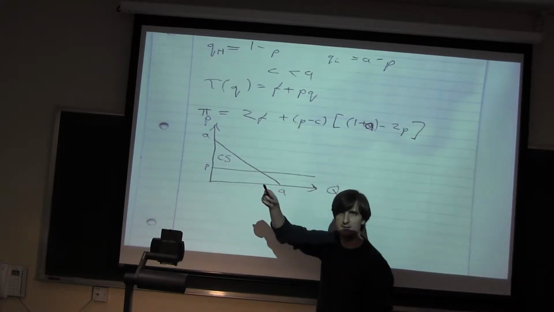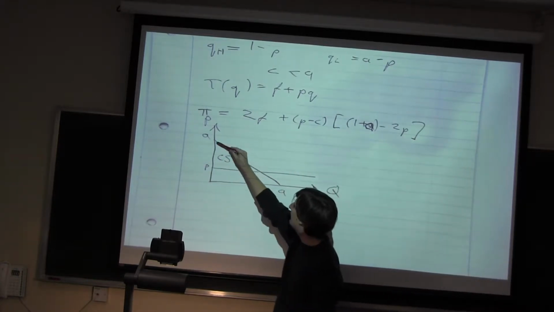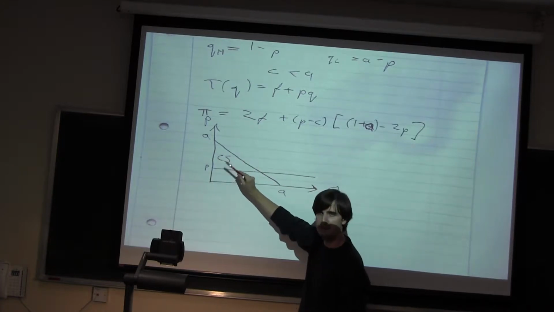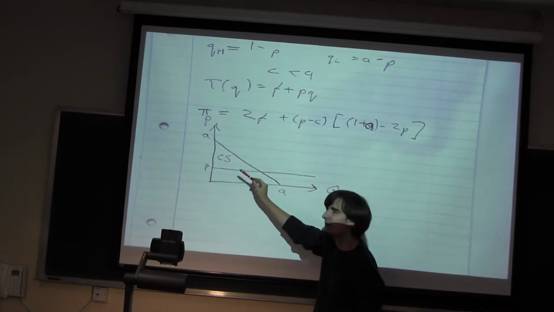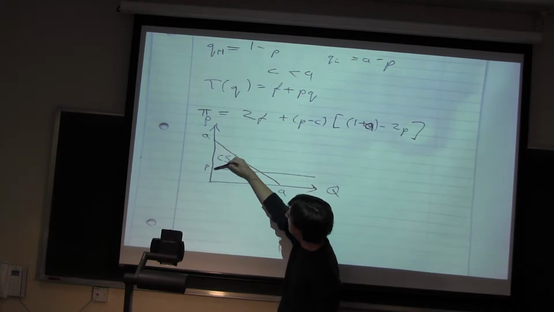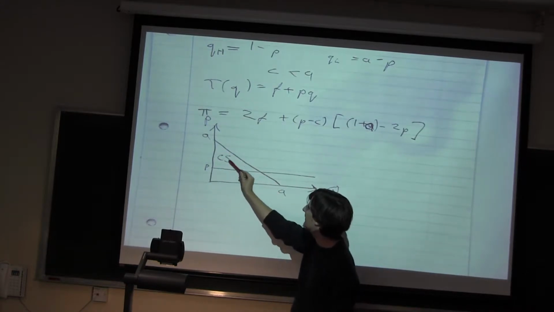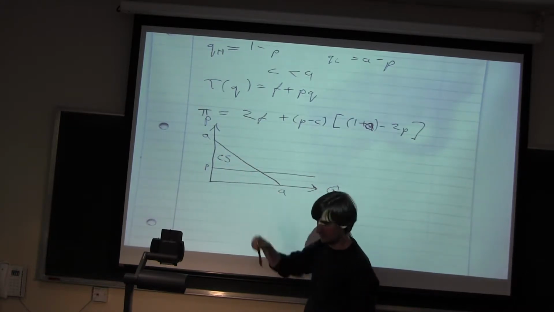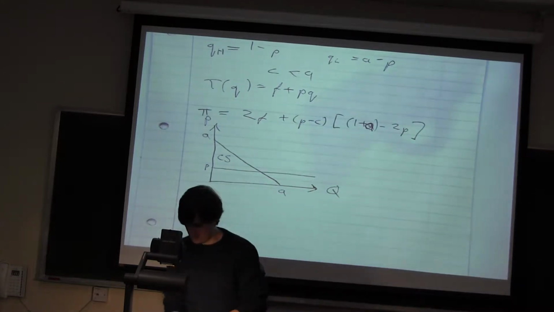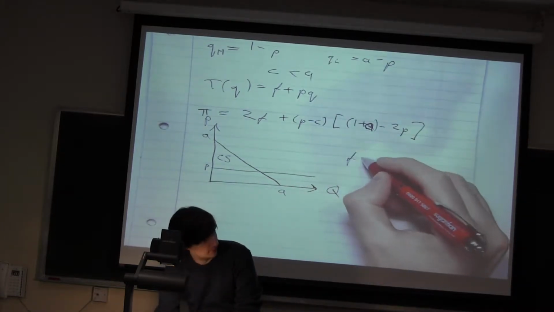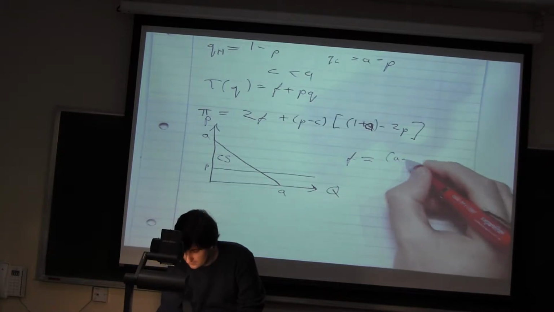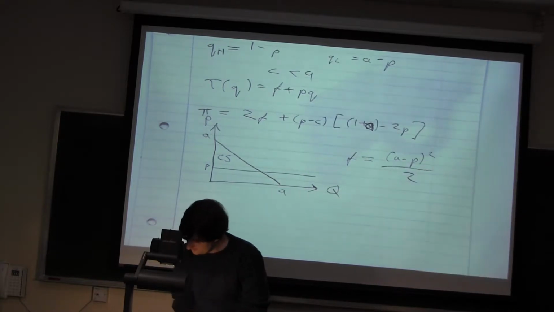But they do have to pay the fixed cost, so we're going to choose the fixed cost in order to completely remove this consumer surplus. This triangle, this side is A minus P, this is A minus P, so this is (A minus P) squared over 2. So the monopolist wants to set F equal to (A minus P) squared over 2.